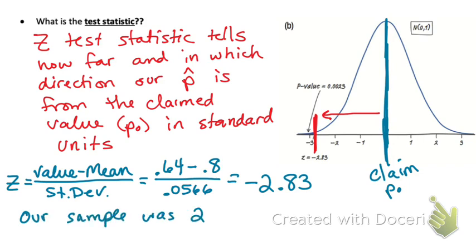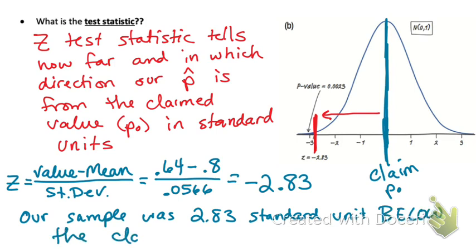What that means, you guys, is that our sample was 2.83 standard units below the claimed value of 0.8. Coach Brooks hit a sample that was 2.83 standard deviations below what he should have done.